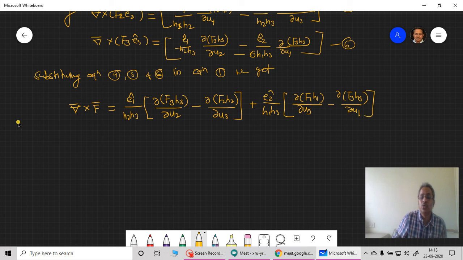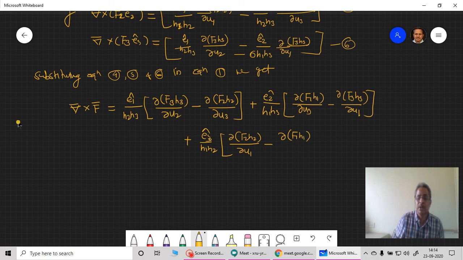So here U2 doesn't come in the denominator, and for the third you can write E3 cap upon H1 H2, and inside this bracket there is dab of F2 H2 divided by dab U1 minus dab of F1 H1 divided by dab U2. So for the second component U2 comes here, for the first component U1 comes here, but we have to remember this sequence, plus minus, plus minus, plus minus.